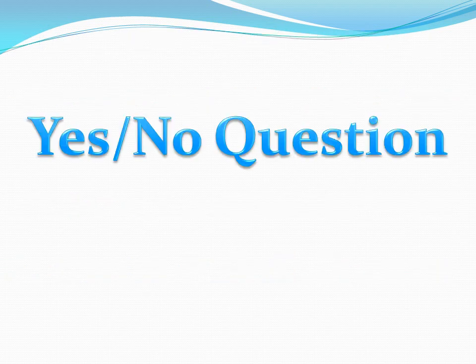Well, this is all for the negative, and let's move to how to form a yes and no question. A yes and no question means a question that you ask and its answer is only yes or no. Okay, how can we form a question? If we start with do, it comes with what?